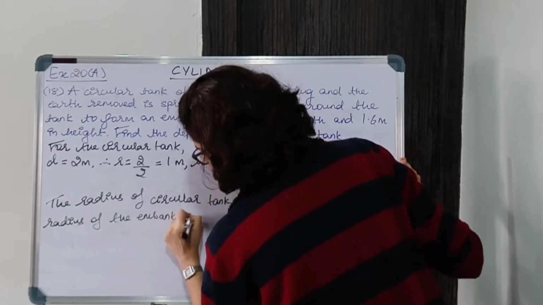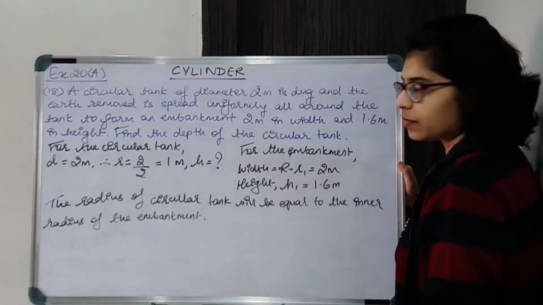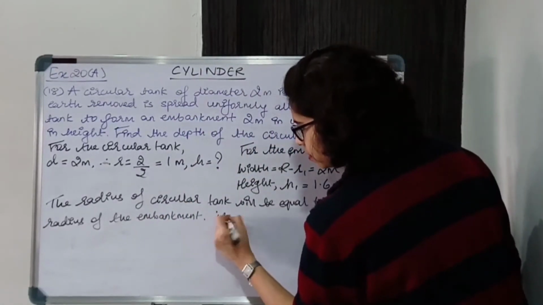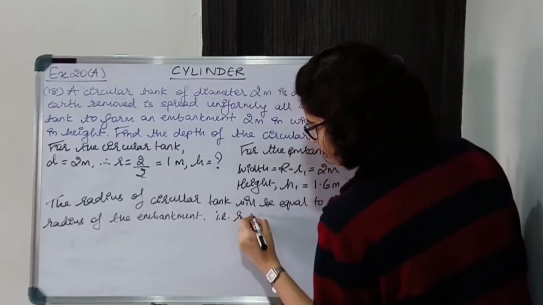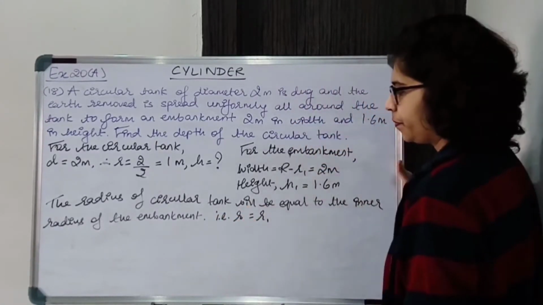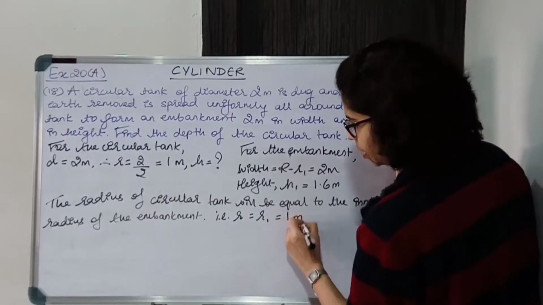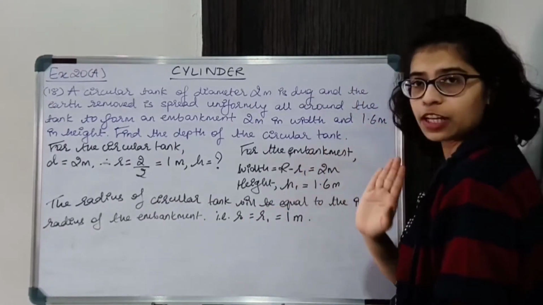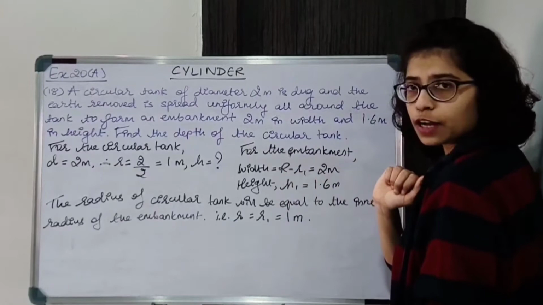That is, r is equal to r1, which is equal to 1 meter. Now we got the value of r1, so we can easily find the value of r over here.